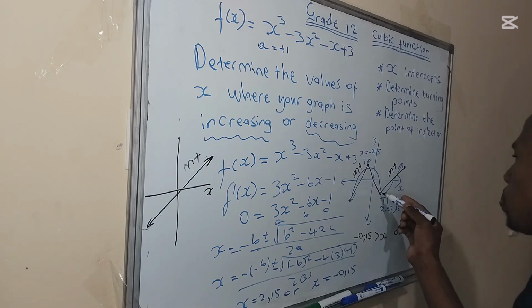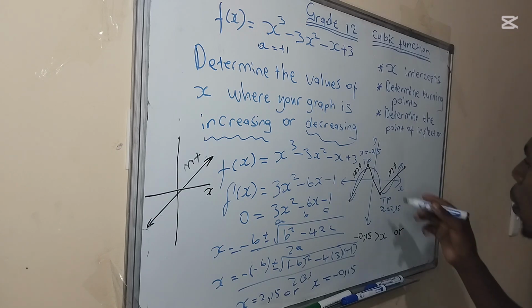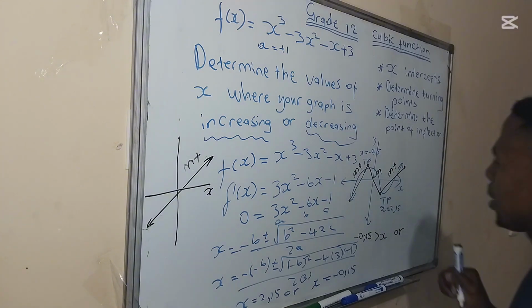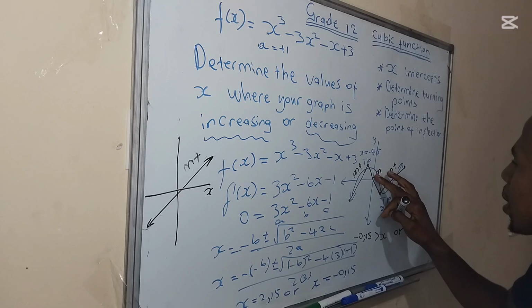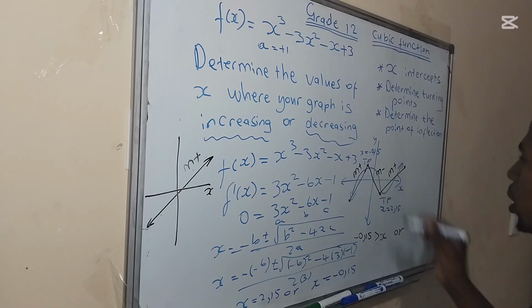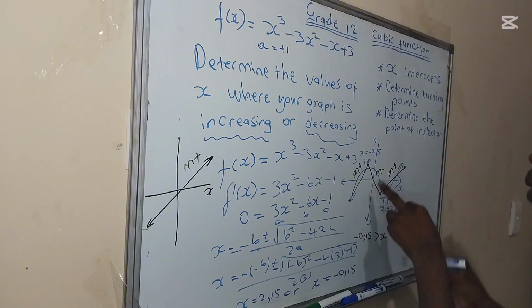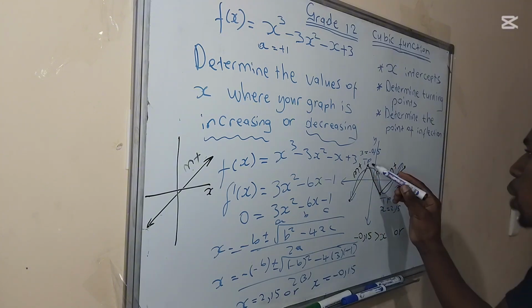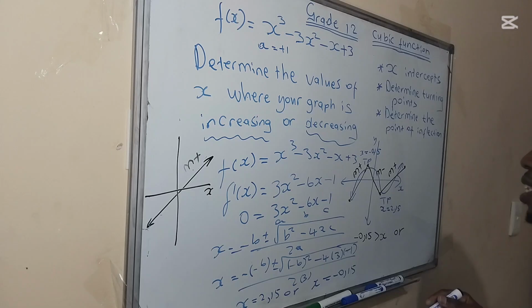But from this point to this point we have a negative gradient, right? Which means from this portion to this portion, our cubic function is decreasing.